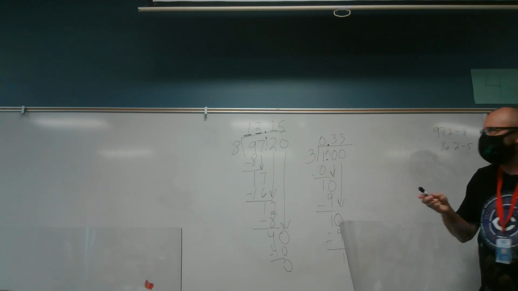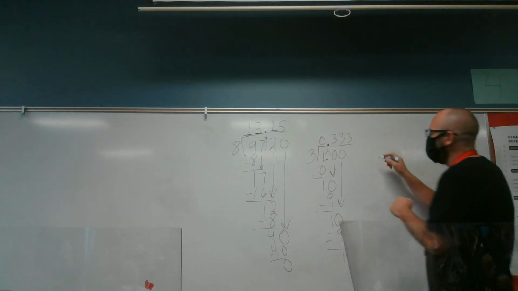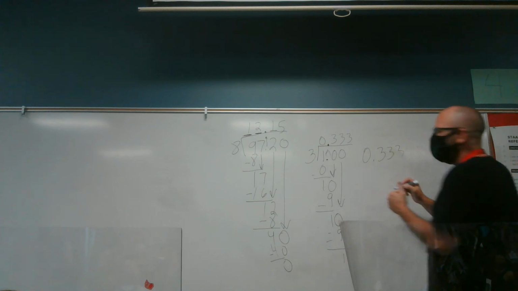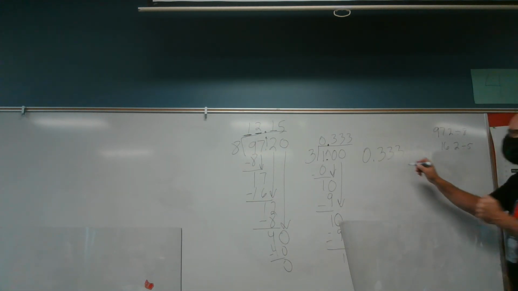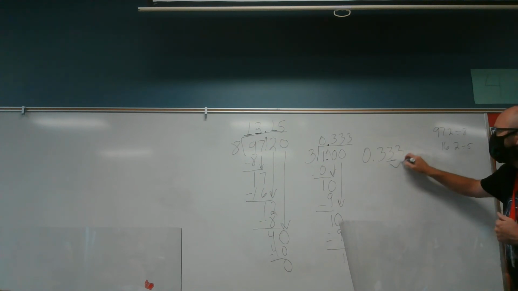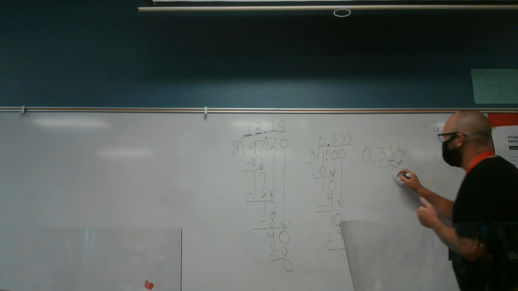So what it would ask you to do is take this number and round to the nearest hundredth. So we look behind it. Do I add 1 to that 3 or leave it the same? Leave it the same.